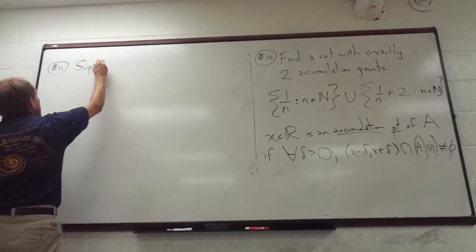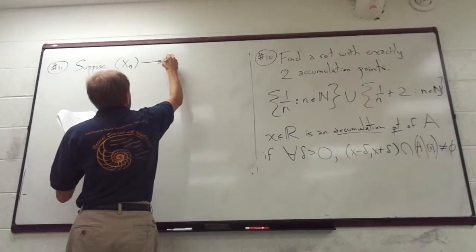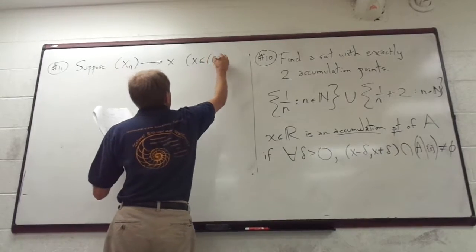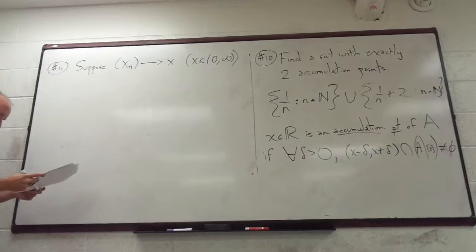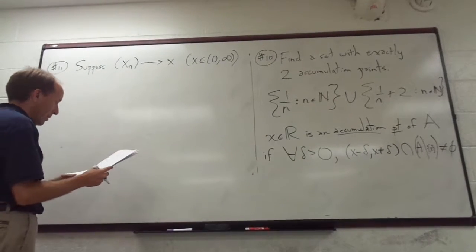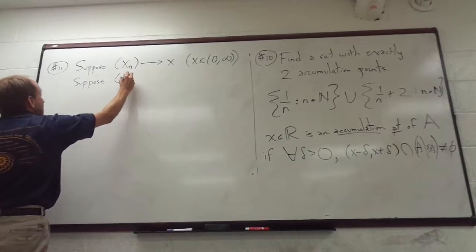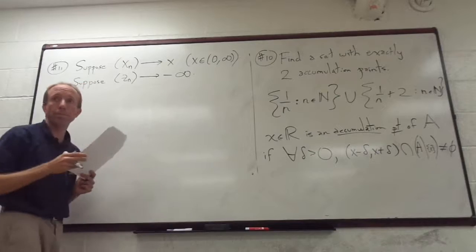Okay, so here's what I want to do. Suppose that xn converges to x, and x is a positive real number. So x is in the positive real number set. And suppose that zn converges to minus infinity.